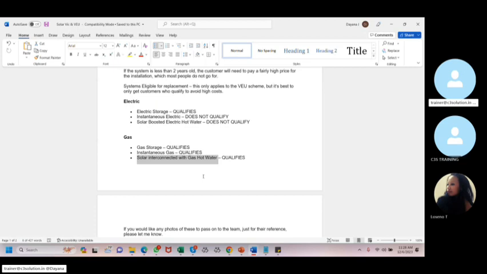For a gas hot water system, as I told you, there is a burner inside. We need to ignite the burner, right? For igniting the burner, either we need a plug-in for that, or otherwise we can get power from the solar panel.